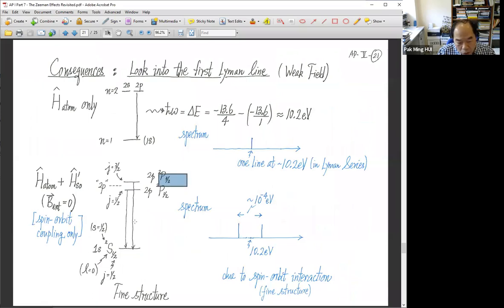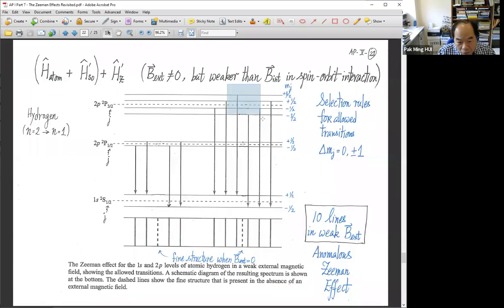So 4, 2, and 2. Do you understand what is being done, at least for the horizontal lines? The 1s goes into 2. The 2p, J equals 1/2, goes into 2. J equals 3/2 goes into 4. Okay, follow me?